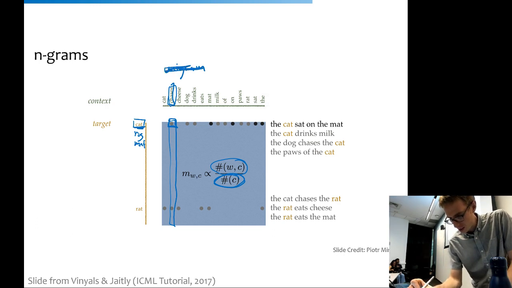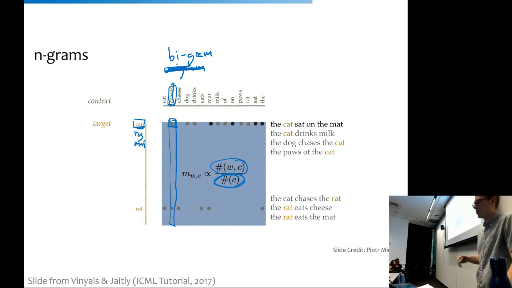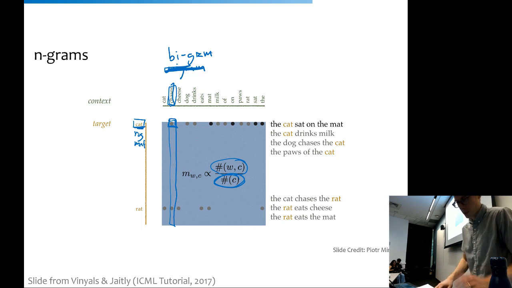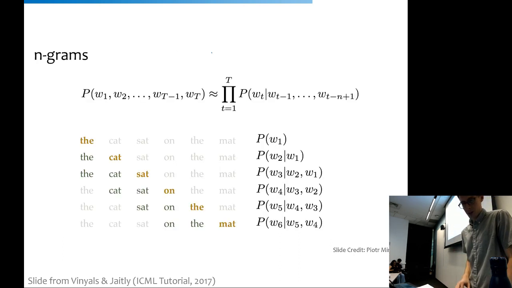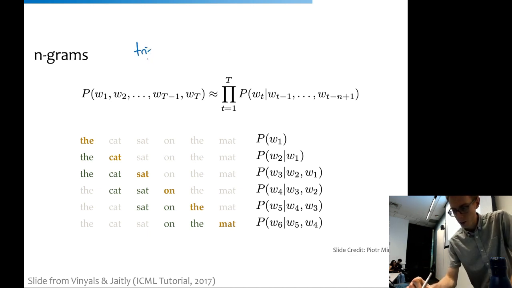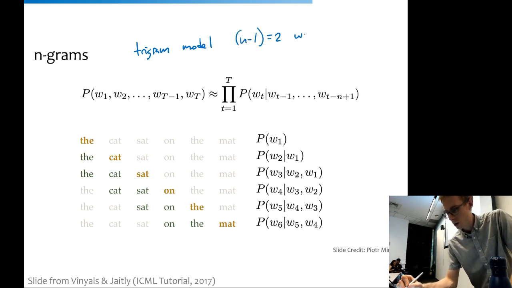Here, this is actually a bigram model, because we are modeling pairs of words, or bigrams. A unigram model would only model one word with 0 words of context. Okay, so this is a trigram model.